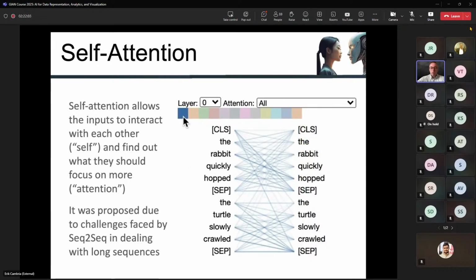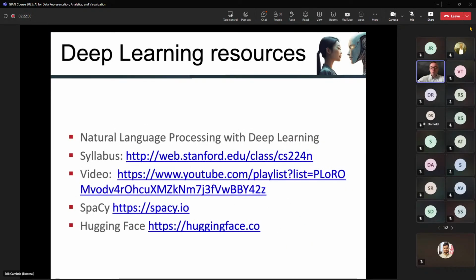So I hope that many of you already knew what a transformer is, but I think it's useful to also go over these topics for those who have never seen transformers before. And once again, you don't have to learn how to build transformers from scratch.